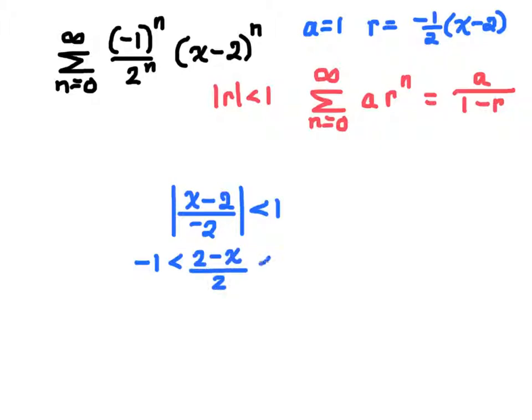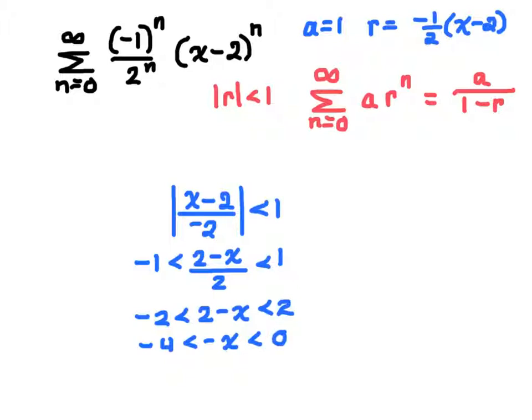If I multiply all sides by 2, I have negative 2 is less than 2 - x, which is less than 2. And now I'm going to subtract 2 from all sides, so I end up with negative 4 is less than negative x, which is less than 0.